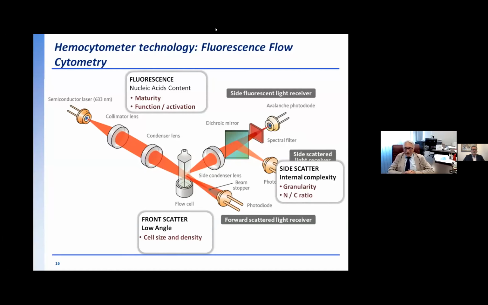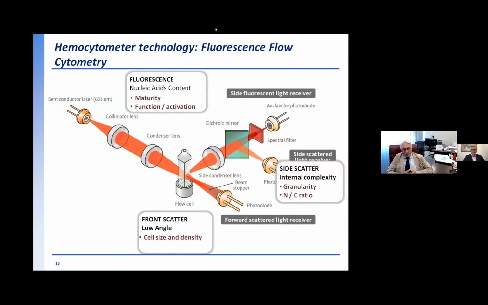And so there is a light scatter at 90-degree angle or a small angle scatter, and this dimension is related to the cell size, and the light scatter is related to the complexity, granularity of the cells from a cytoplasmic point of view.